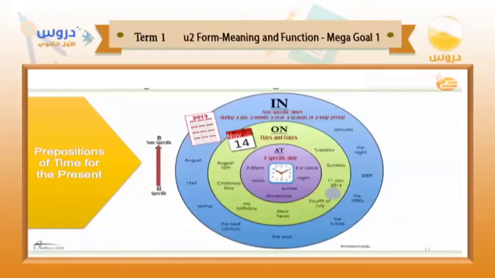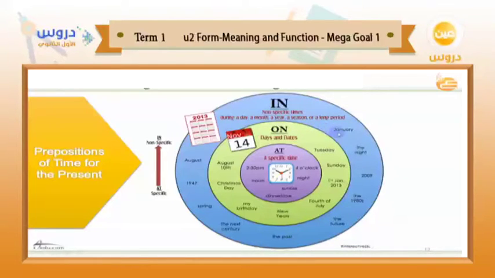time. Now I need you just to focus with me on this slide because we are going to talk about prepositions of time for the present. What you can see in this circle: in, on, at. Now we want to use in for the non-specific times during the day, month, year, season, or even a long period.